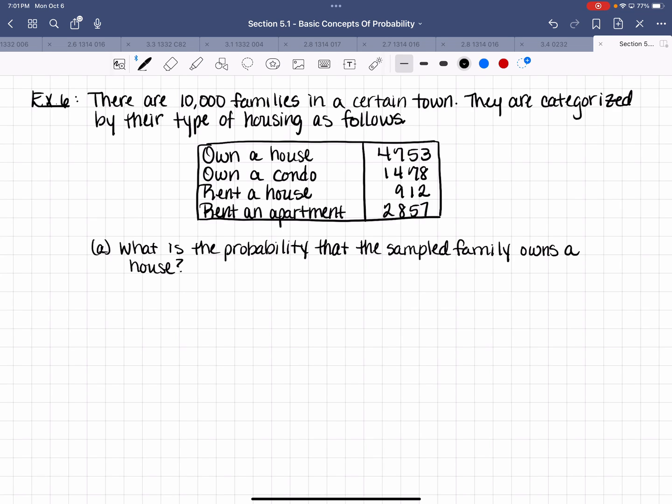Okay, so we're looking at the probability of owns a house.